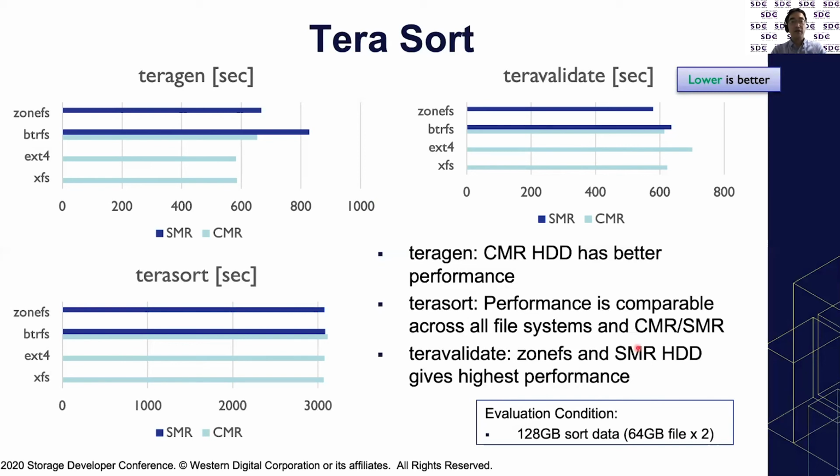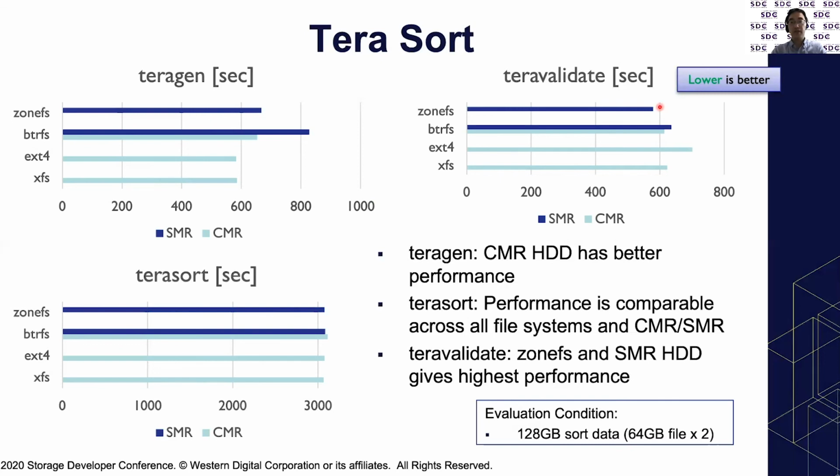Regarding the Tera Validate, zonefs on SMR gives the highest performance. This workload reads out sort results from HDFS files, then read performance is the key factor. Again, this result is consistent with DFSIO, or read benchmark result.